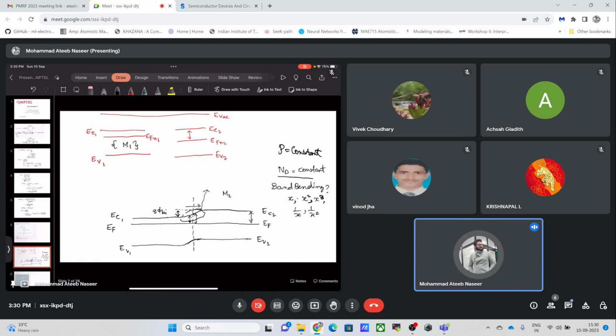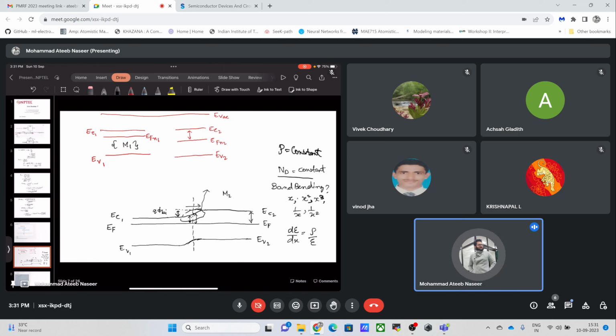Okay, since there is no answer, no, I'm not saying that doping is constant. Since this doping is constant, when we are solving for this, the Poisson equation, you must have seen that dE by dx is given by rho by epsilon.